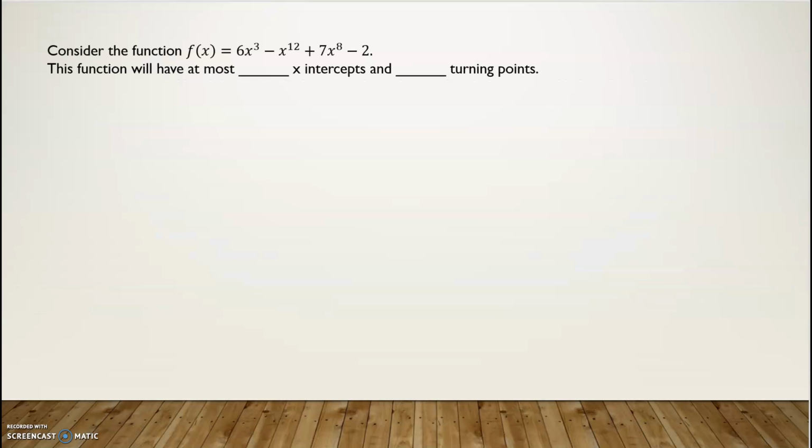So let's look at this. Consider the function f of x is equal to 6x cubed minus x raised to 12 plus 7x raised to 8 minus 2. The degree of this function is the x raised to the highest number, so that would be 12.